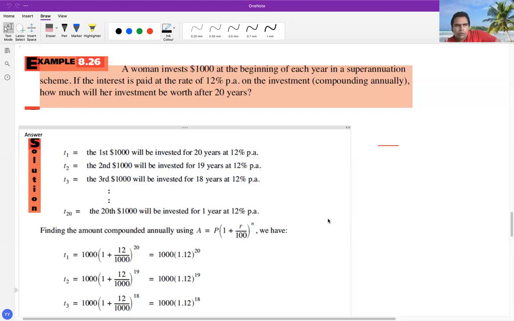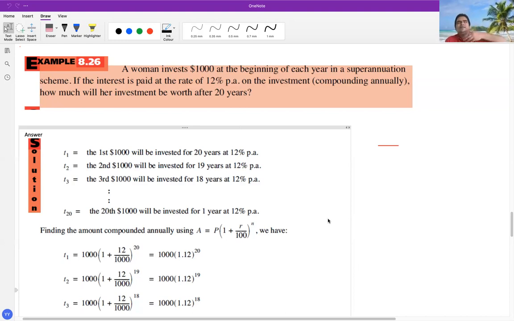So now what we are doing next is the continuous deposit in an account. Now you learned about compound interest. Now what we'll be learning is, what if we deposit the amount continuously in a bank account? Generally these kinds of deposits are periodic.